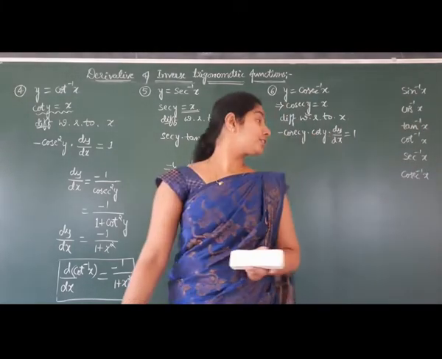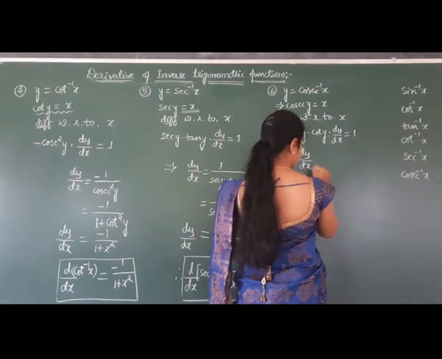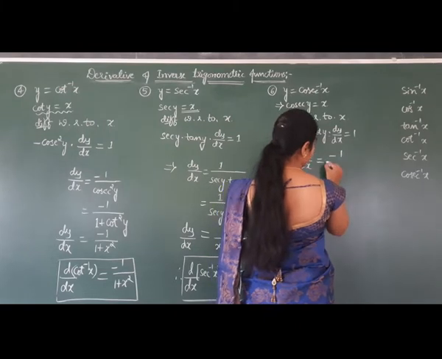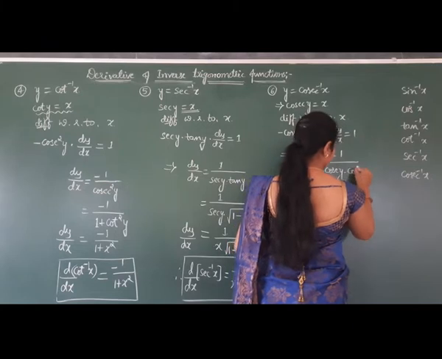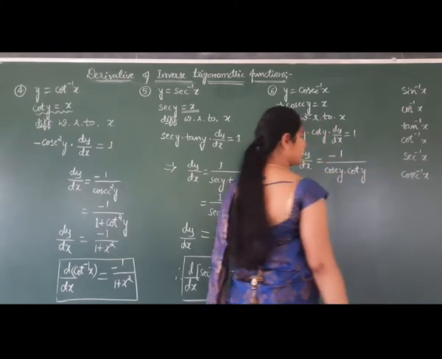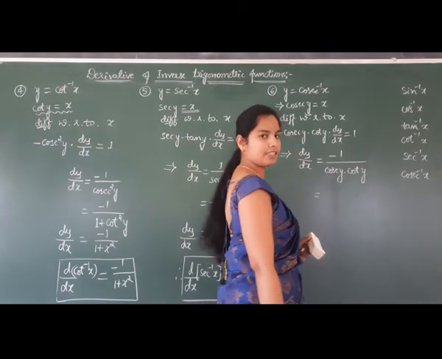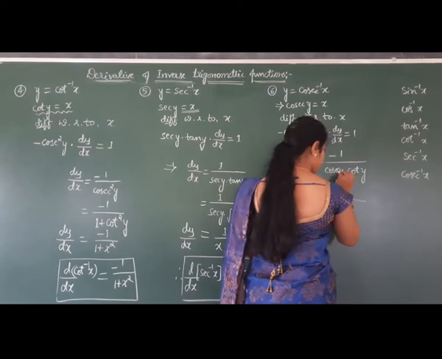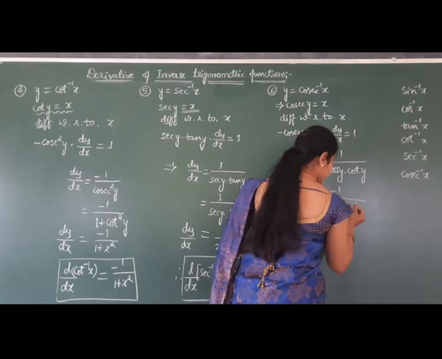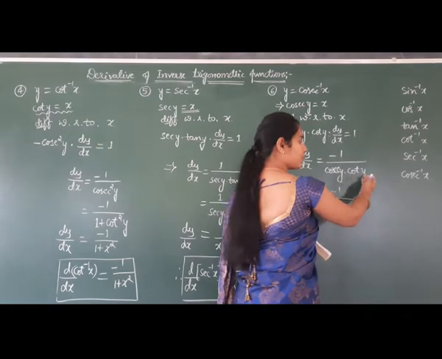Okay, so this implies dy by dx is equal to minus 1 divided by cosecant y into cot y. So this is equal to minus 1 divided by cosecant y into, what is cot y?